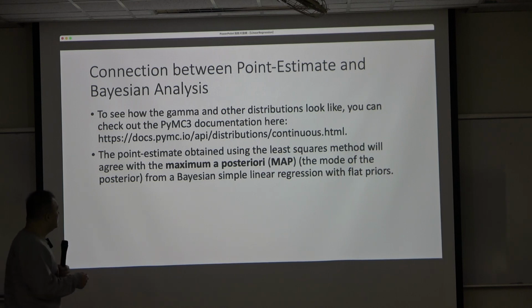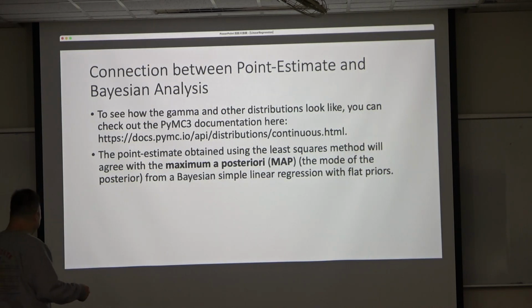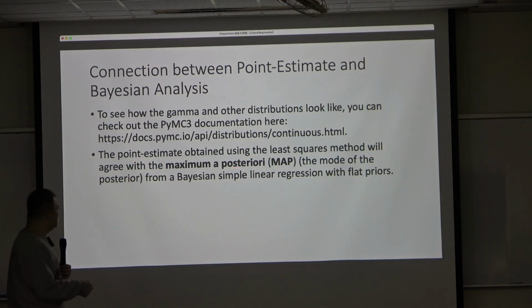So as you can see, the point estimate from the machine learning method you use to estimate a given value can be considered a special case in Bayesian data analysis, with a flat prior. So this is interesting.